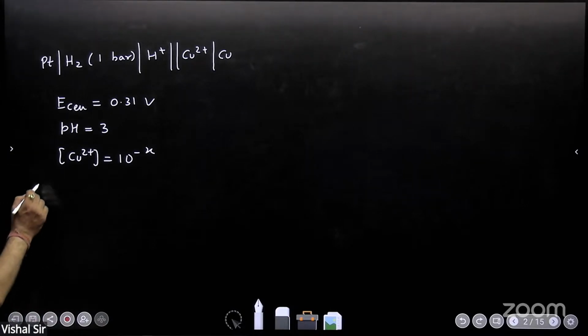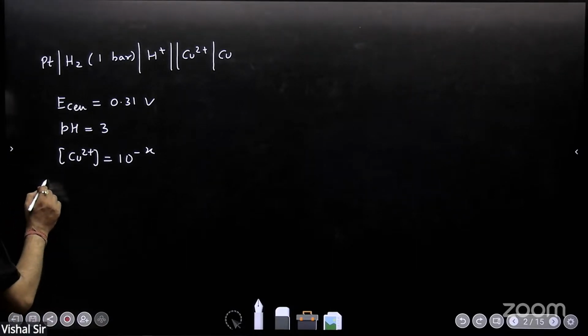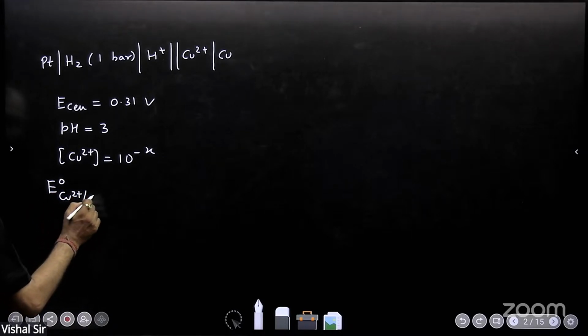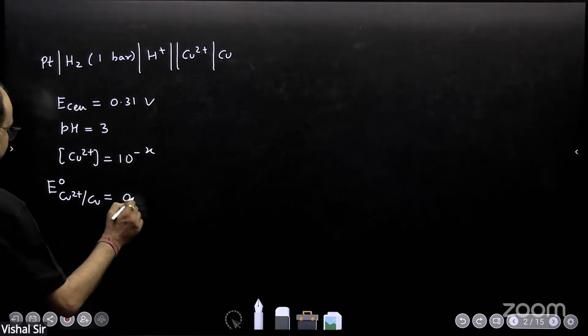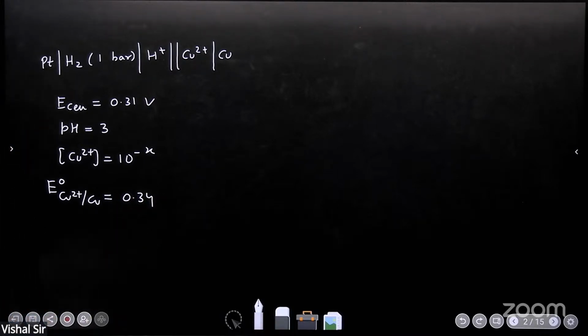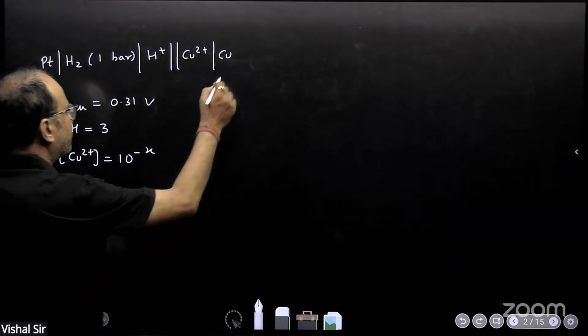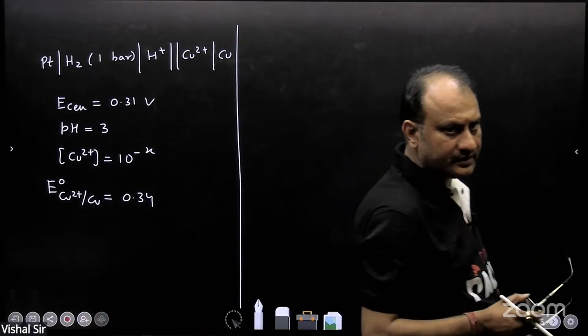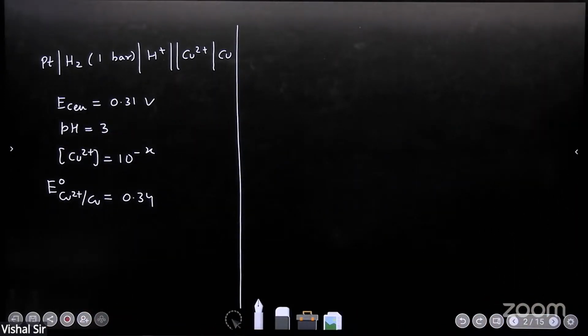We have to find the value of x, and E naught of Cu2 plus/Cu is given to us, 0.34. So this is the data given to us in the problem. Again, take 2 minutes, try to write the equation. Let's see now, are you comfortable in applying the Nernst equation?